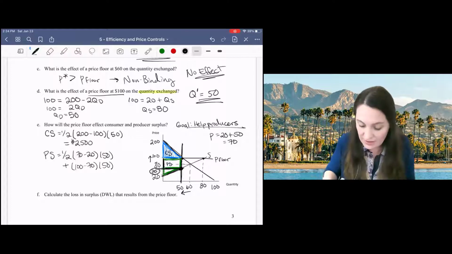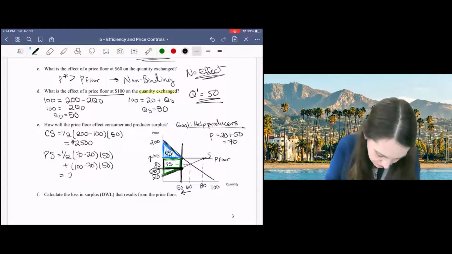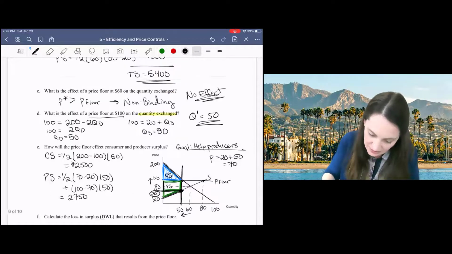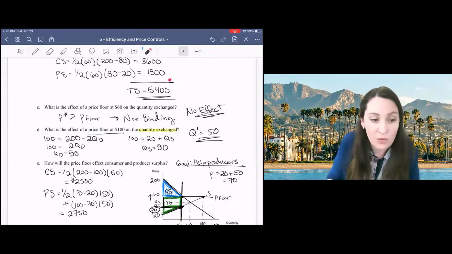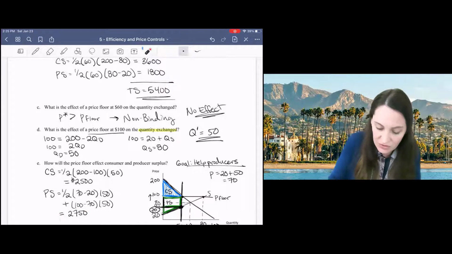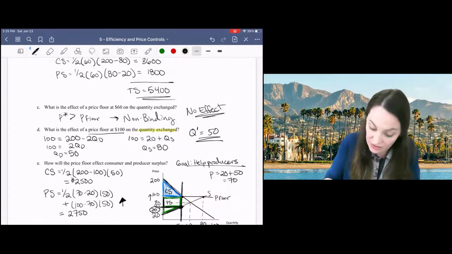Okay, so now I can plug that into my calculator and get my producer surplus. And we do see that in this case, if we compare producer surplus before the price floor to producer surplus after the price floor, producers as a whole benefit from this policy. So producer surplus has increased, consumer surplus has decreased.